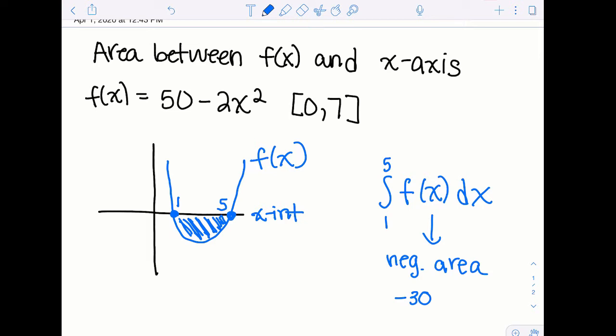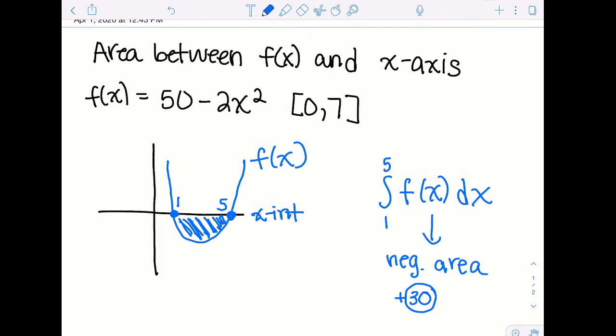So if you're just asked to evaluate the integral, the answer would be negative 30. But if you're asked to find the area, you would just change it to 30 and say that the area is 30. Because when we're talking about area, it doesn't really matter whether it's above or below the x-axis, but this is how integrals work: they will always give a negative value when it's below the x-axis.